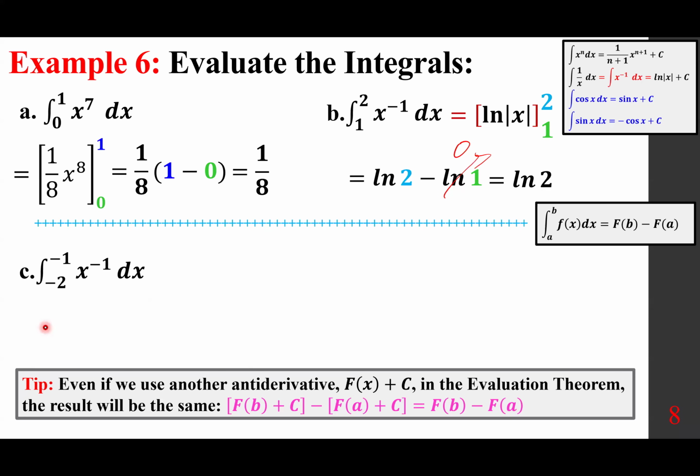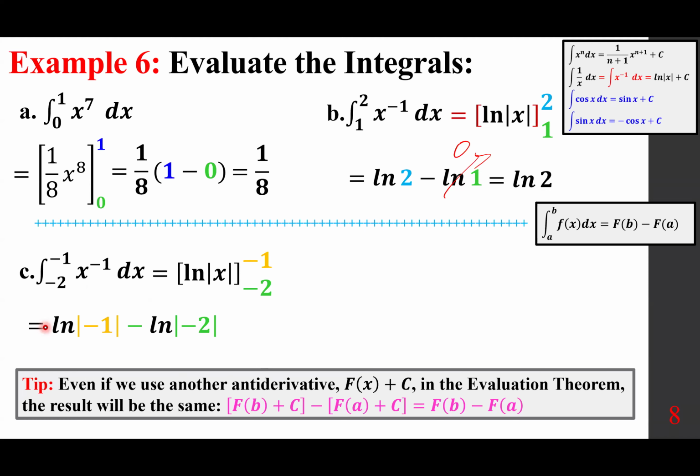Now, what happens here, you get the same situation with a different set of limits. Because the limits are negative, we have to keep the absolute value when we evaluate them, because natural log of negative numbers or 0 make no sense whatsoever. They are undefined.